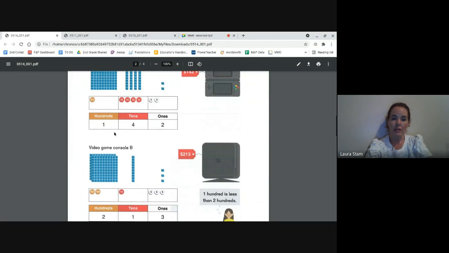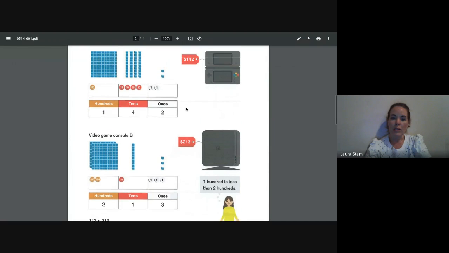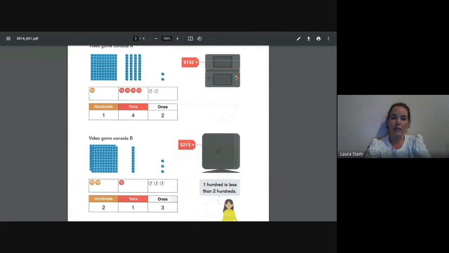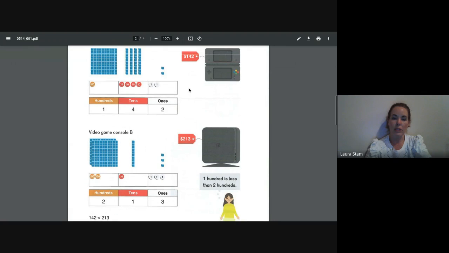And then we have our hundreds charts, and we have our 1, 4, 2 for the 142, and our 2, 1, 3 for the 213. And so what Sophia has done is figured out, by looking at the hundreds place, that 200 is a lot more than 100. And so the one that costs less is this one for 142, by comparing those hundreds places.